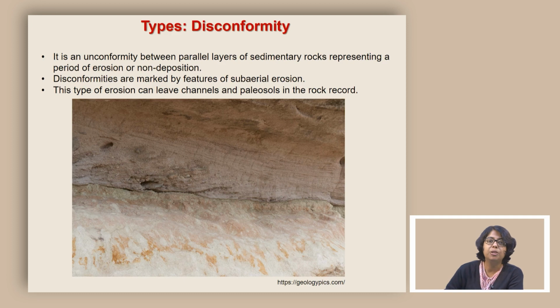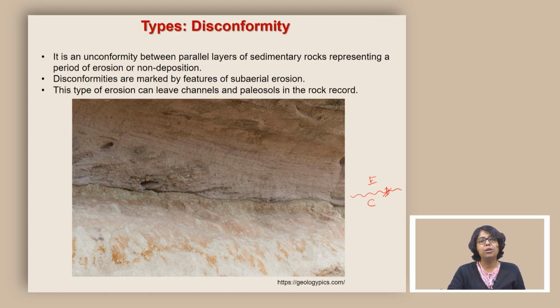Another type of unconformity could be a disconformity. It is an unconformity between parallel layers of sedimentary rocks representing a period of erosion or non-deposition. Now, if you recall the development of the unconformity between E and C, you would have found that it was a time when the entire layer D got eroded, and because the erosional pattern took care of the entire D, but part of C is also gone, and it is not a complete equally distributed erosion.